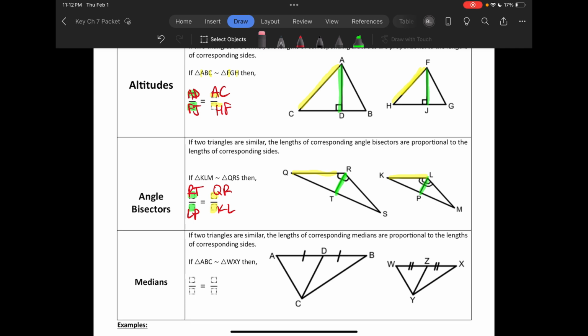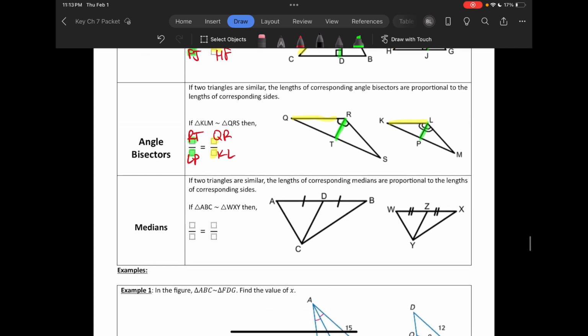Let's look at medians. Remember that medians start from a vertex and go to the opposite side and hit that opposite side's midpoint. So it's going to create two segments that are congruent here. We're saying pretty much the same thing as with angle bisectors and altitudes earlier.